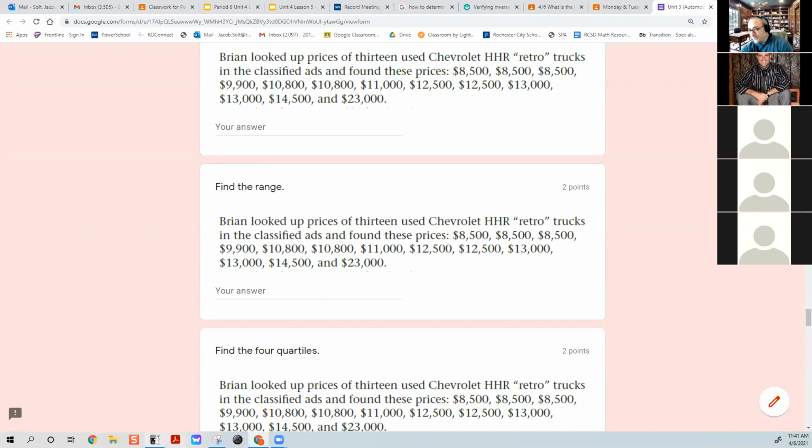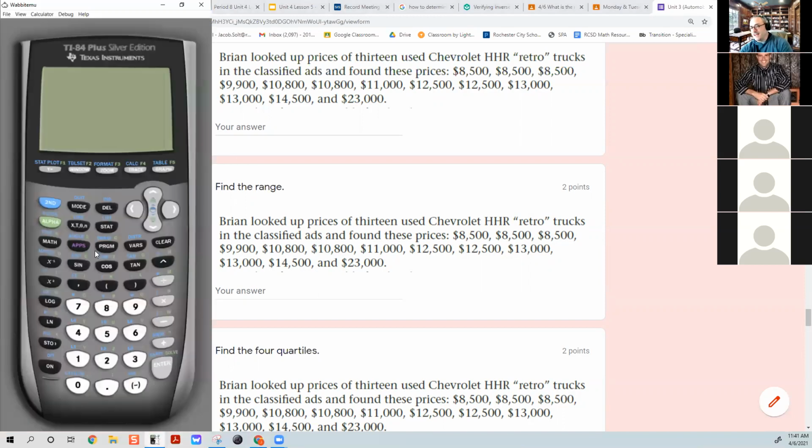My advice to you on these would be to break open that calculator, turn it on, press the stat button, edit the list. And if you've got numbers like I do, you clear them out. So I'm pressing up, highlighting list one, pressing clear, pressing enter, getting rid of those numbers I had in my calculator.